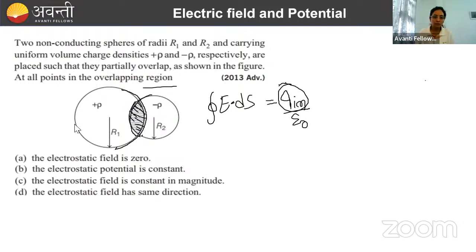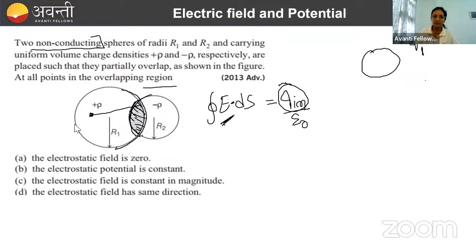But what will be the status of the electric field? Electric field can't be zero, because outside this overlap region there is a plus rho density of charge, and because of these charges, electric field will be present in this region. Say you take one closed surface like this, there is no charge inside, but there is a charge Q1 outside, and this is non-conducting.